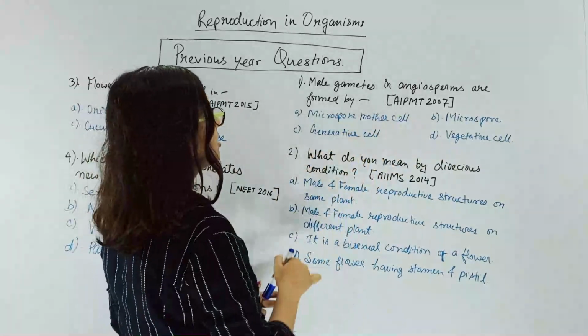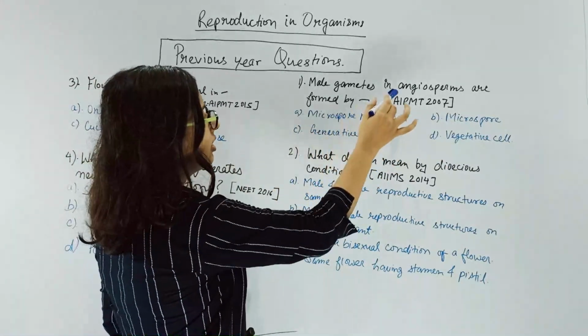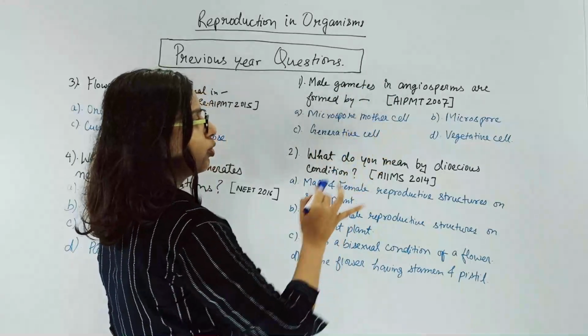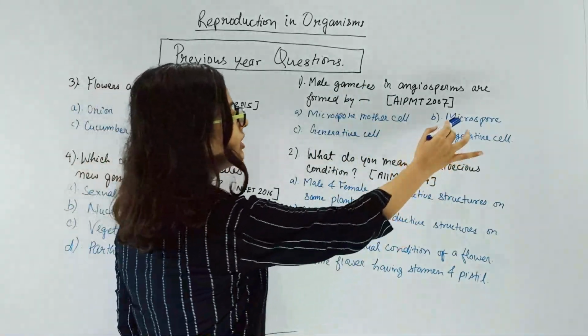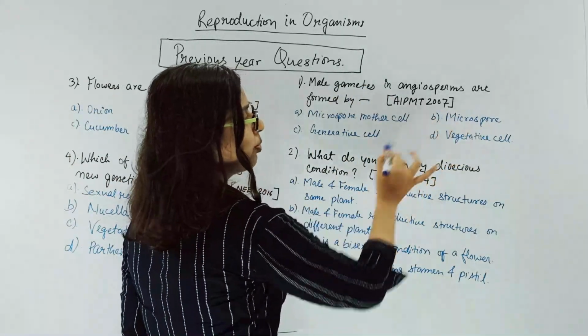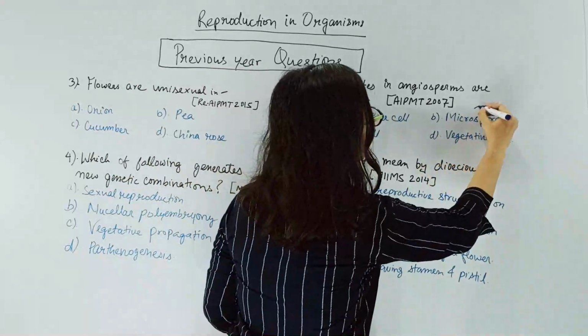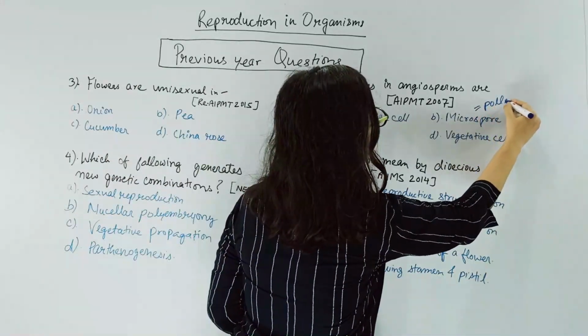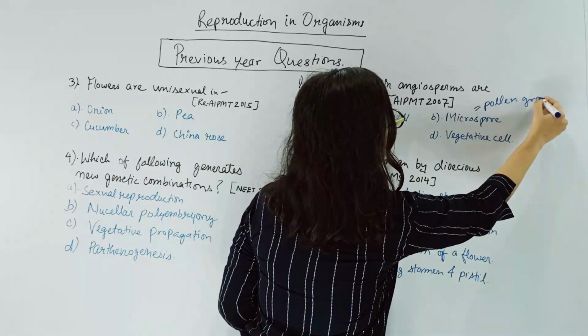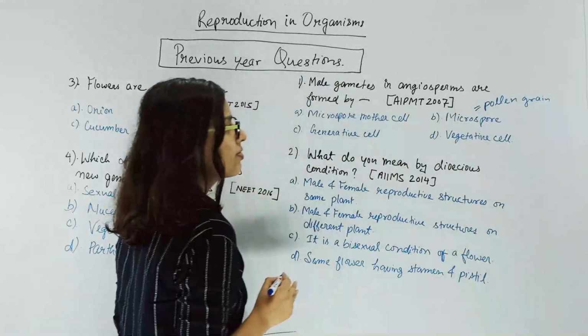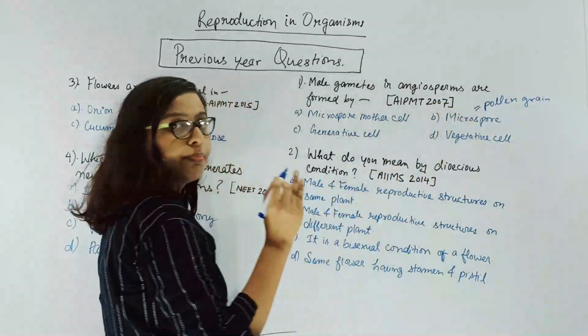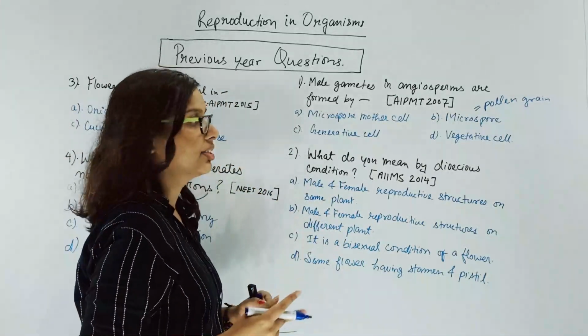There are four options. First option says gametes are formed from microspore mother cell. Second is microspore. I have told you that microspore is nothing but the pollen grain. Pollen grain is also termed as microspore. So pollen grain has what? Pollen grain has two male gametes.